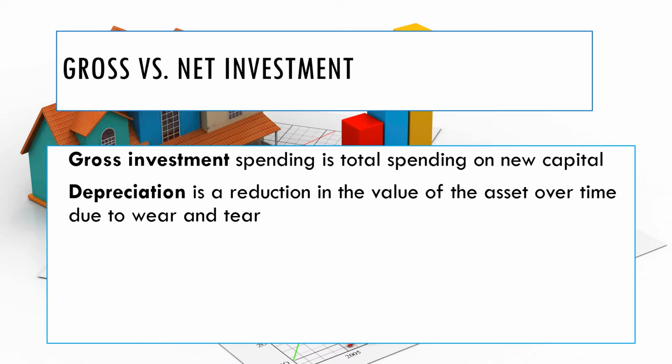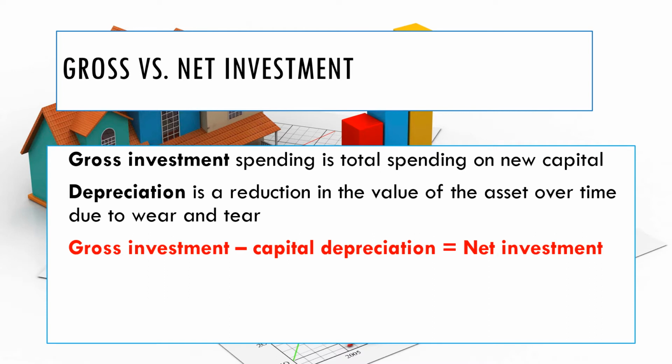So whether or not the capital stock, the amount of capital goods, goes up and down over time depends whether gross investment, total spending, has a greater impact than the depreciation that's taking place on the machines.